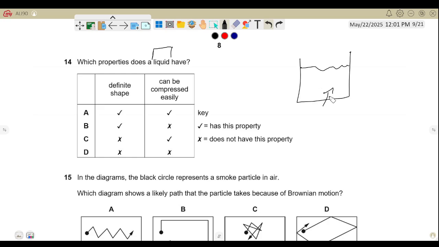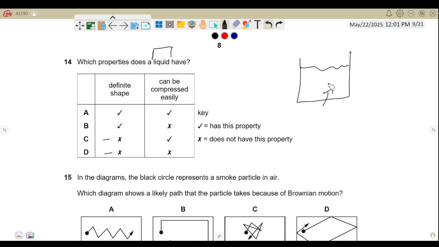That means it takes the shape of the container where it is. That means we're going to choose between C or D. Because the liquid has no definite shape, we're going to decide between C and D by the second column here: can be compressed easily.